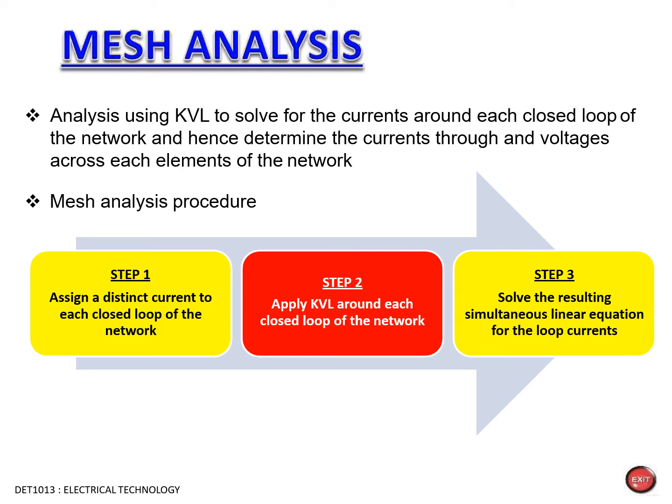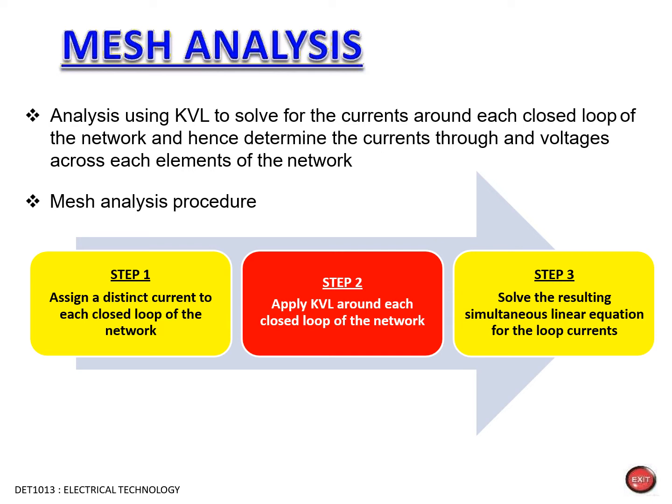In a network there can be 2 loops or 3 loops. As per the number of loops, you will get that number of equations. If you saw the previous slide, there was only a single loop, so you got only one equation. But if a network has 2 loops, you will get two equations. When you solve these two equations, you will get the values of the current and voltage.